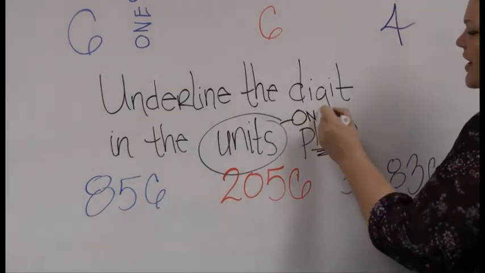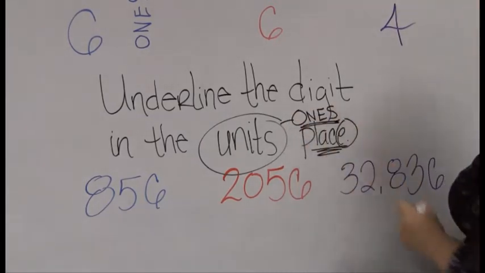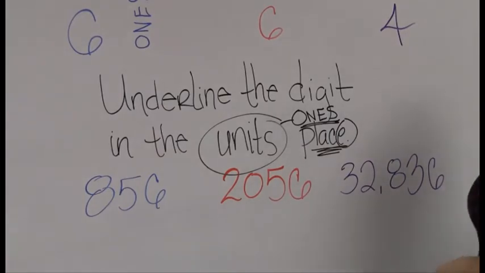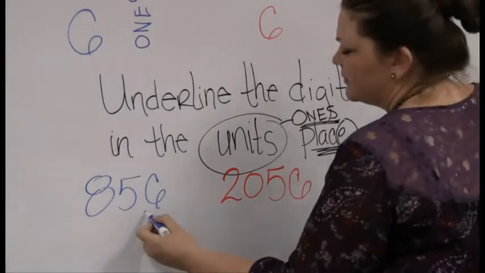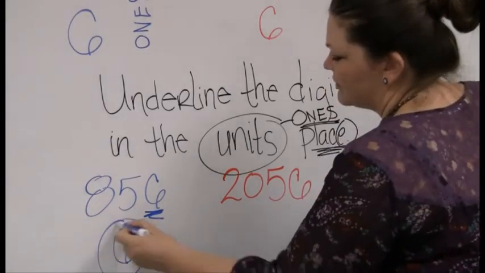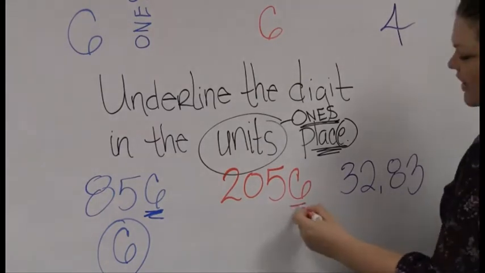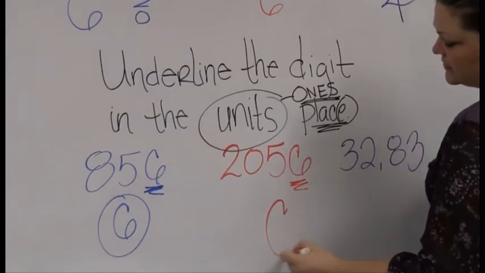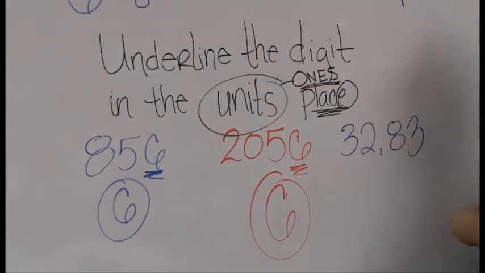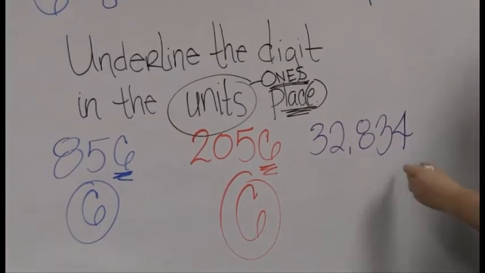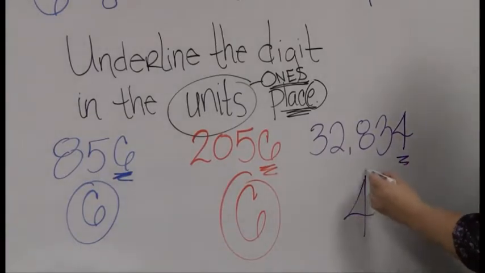This is another way to say ones. So this problem is done the exact same way. In the ones place here, we have a 6, also called the units place. In the units place here, we have a 6. And make this a 4 again. In the units place here, we have a 4.